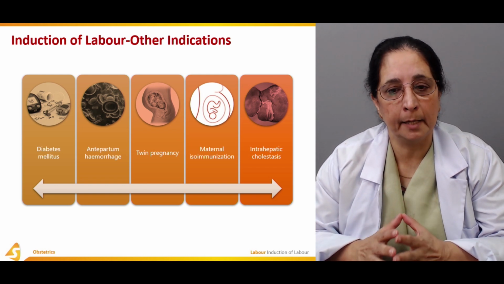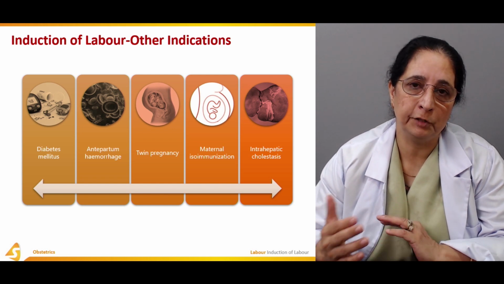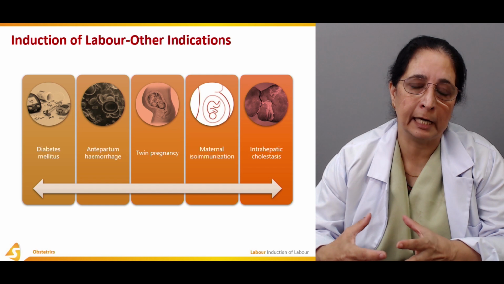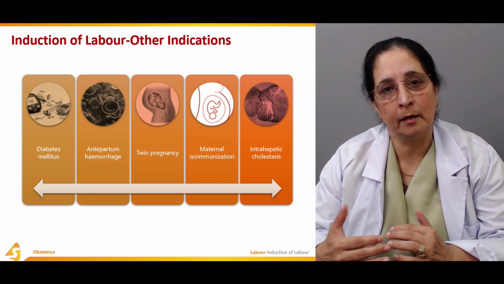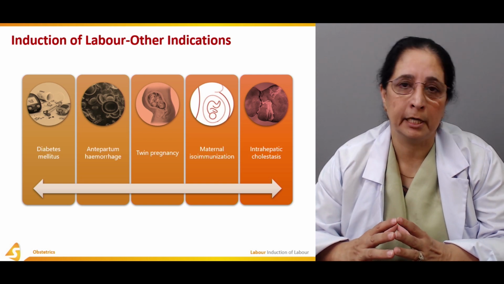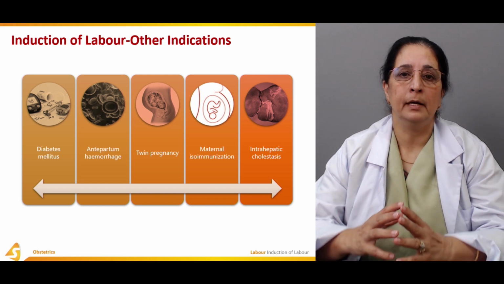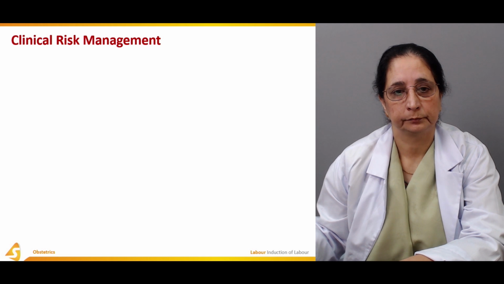Isoimmunization, which we discussed in one of our lectures in detail, like Rh incompatibilities, is also an indication for induction of labor. So these are different conditions in which labor should be induced.